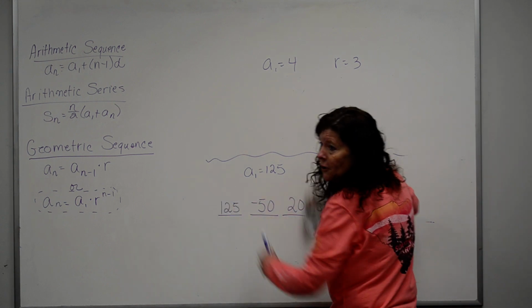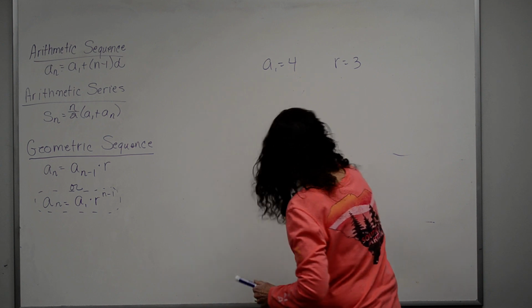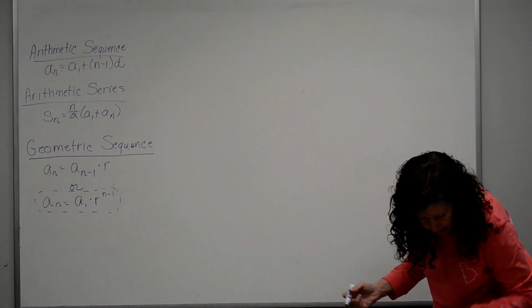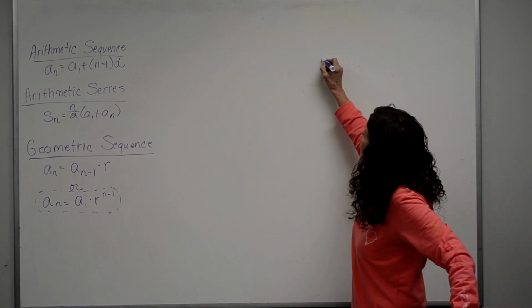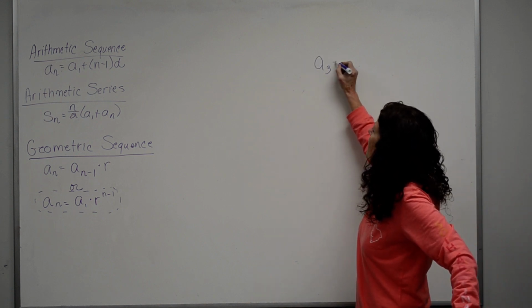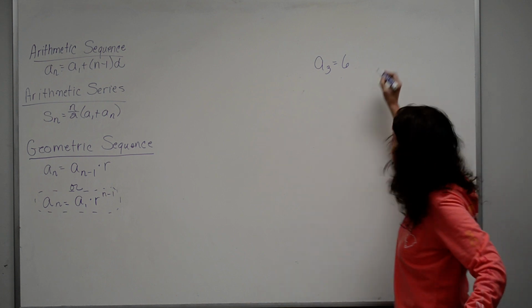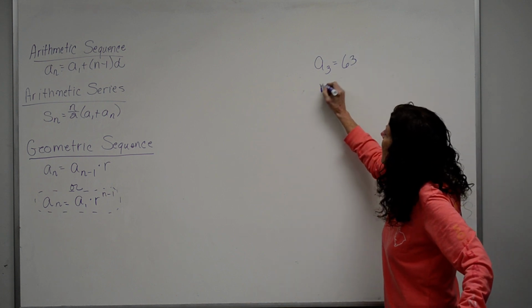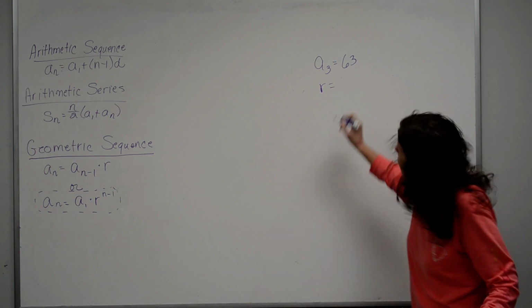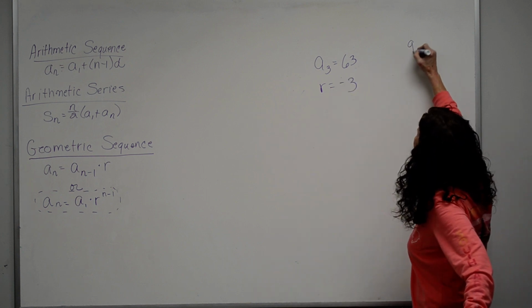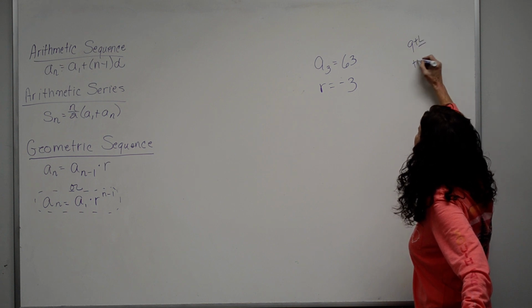So we're still only using that stuff over there and what we know about geometric sequences. See what you can do with this. The third term is 63. My r is equal to negative 3, and I want to know the 9th term.